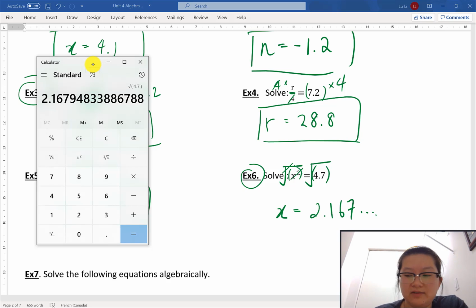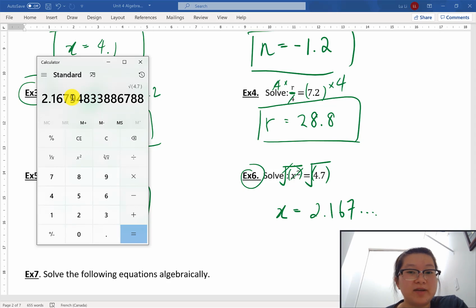A good way to round this one nicely is to take a look at how you can round it to best represent the number as best as possible. So notice this 7, right beside the 7, there's a 9. This is getting very close to the next place value. If I take the 9 and round, it's very close to 2.168. So I would just take the 9 and round the 7 up to an 8.